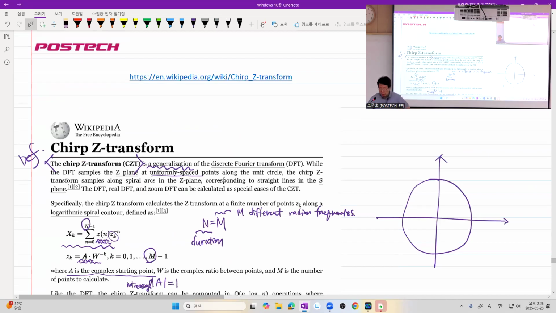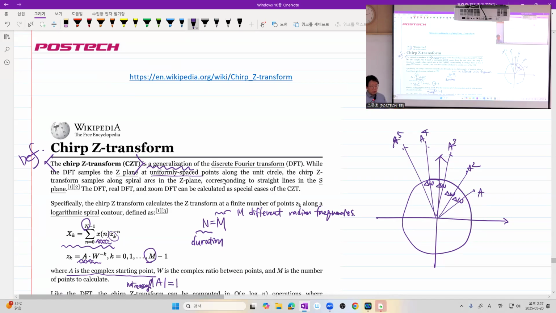So maybe you have something like this. So even though your angles are the same, delta sub omega, following our textbook, the magnitude may be different, like A squared, A cubed. Yeah, something like this.